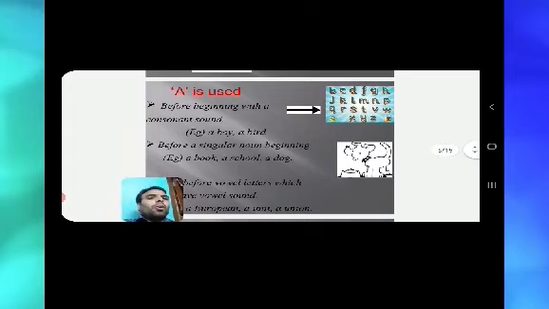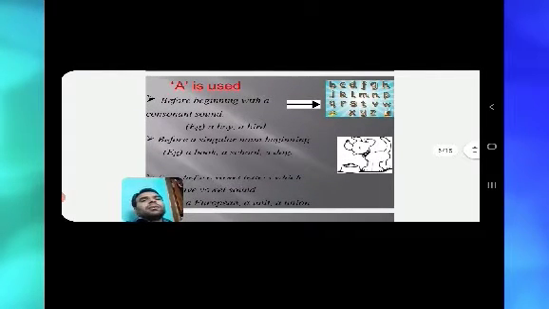Before words beginning with consonant sounds, we use a. For example, a boy: the ba sound is a consonant sound. Then again, a bird: the ba sound in bird is also a consonant sound.